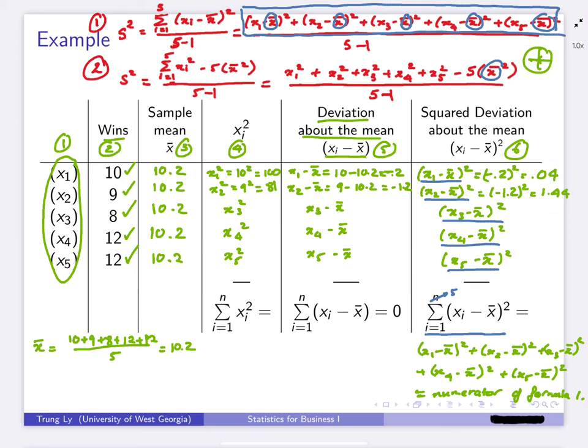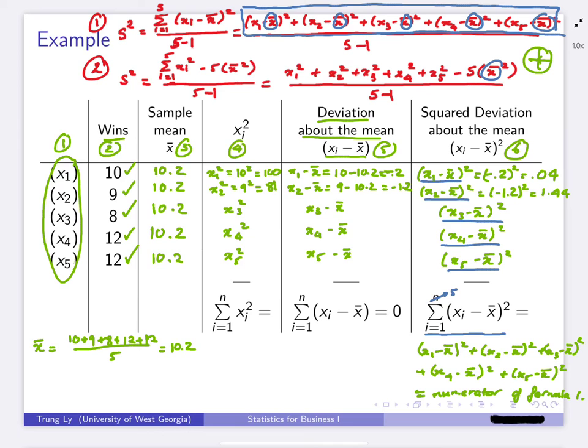So if you add up all the numbers in column number 6, your last column, and then divide it by 5 minus 1, you get the variance. So that's one way that the table gives us the information we need to calculate the variance.